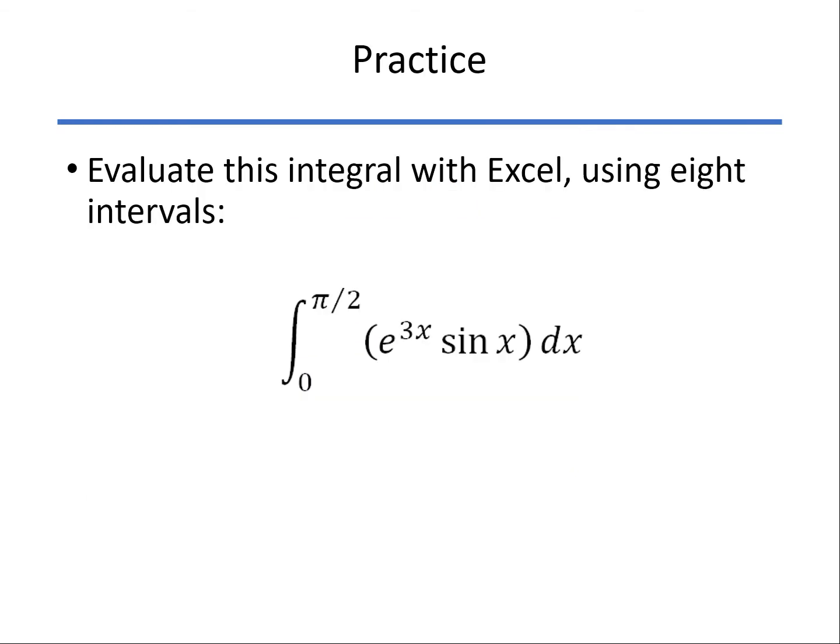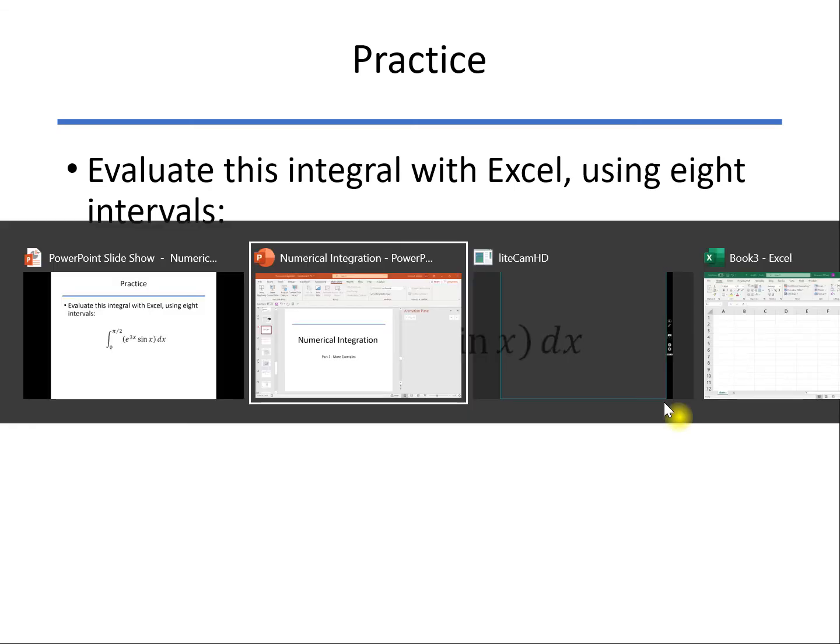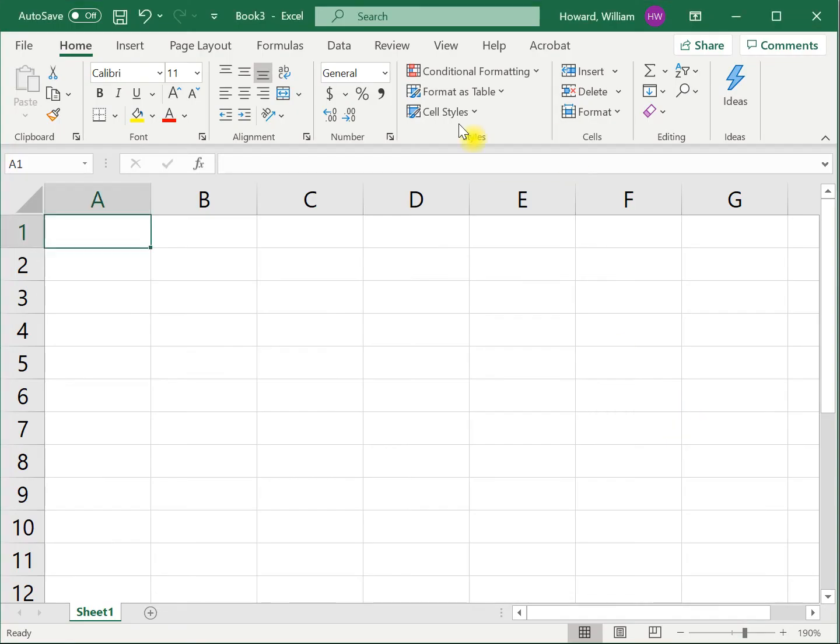Okay, here's the one I want to do. We're going to integrate e to the 3x times the sine of x with the limits of 0 to pi over 2 using 8 intervals. So let's set a column for x, and we're starting at 0. And again, we're going to an upper limit of pi over 2, and we want to have 8 intervals. So each one of those is going to be pi over 16.